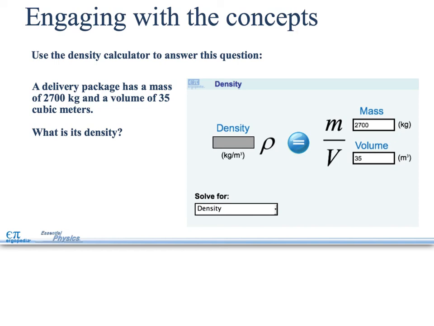It's got the conversion thing in your online book, or you can use your calculator. Our density is our mass divided by our volume. So 2,700 divided by 35 gives us 77 kilograms per meters cubed.